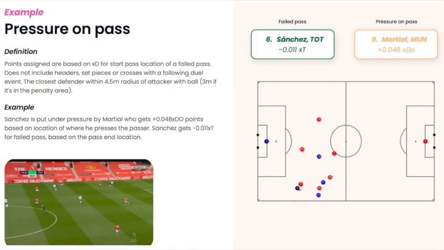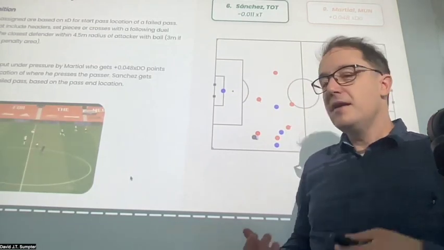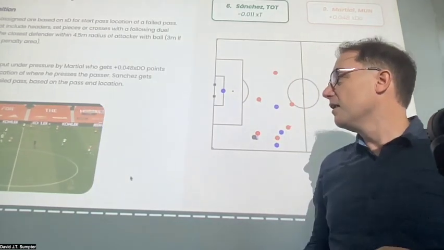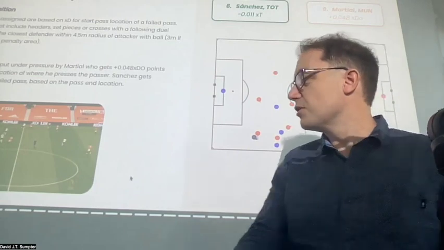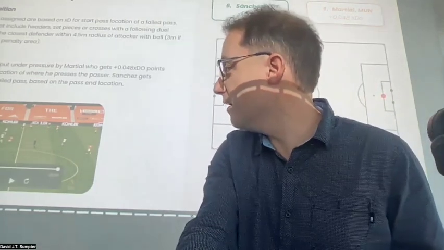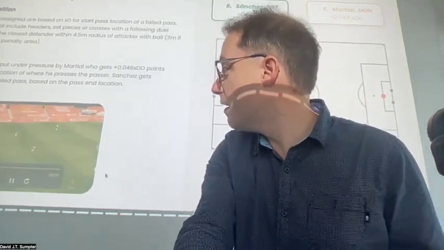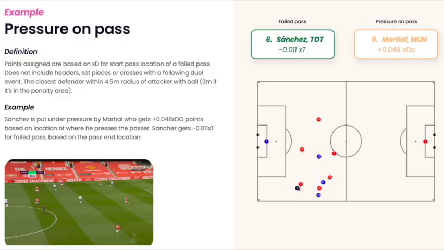So now we're looking at pressure on pass, exactly the same principle, but this time we're using expected threat. And in this case, it's actually Martial who puts the pressure on the pass. So here, Martial runs up, puts a bit of pressure on. It's not the biggest pressure in the world, but he's the nearest player. And when the pass fails, we can give him the value or the credit for disturbing that pass.